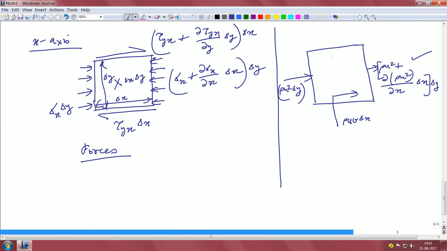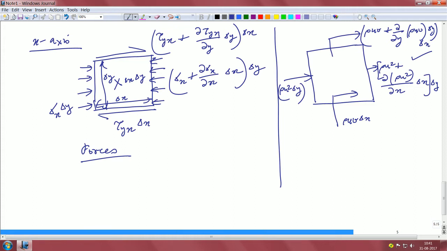Similarly, there will be mass which will be exiting the control volume, but it may be carried away by the u component of the velocity. So, that will be given by rho u v, that term is common, plus once again the same Taylor series expansion of the whole thing, d by dy of rho u v, into delta y, the entire thing multiplied by delta x, got it.